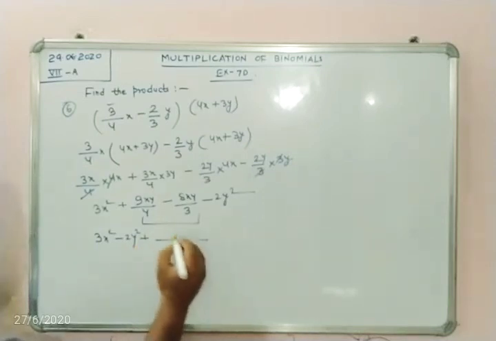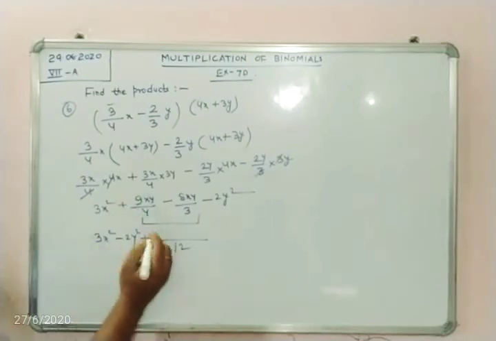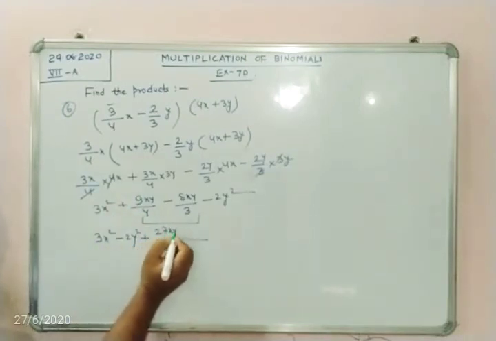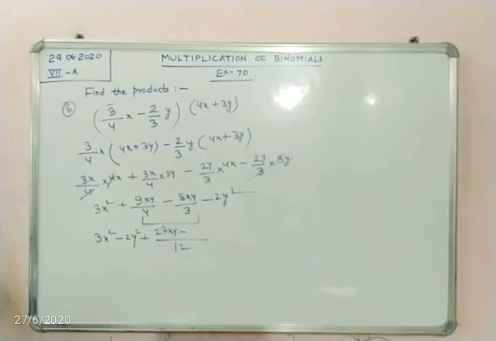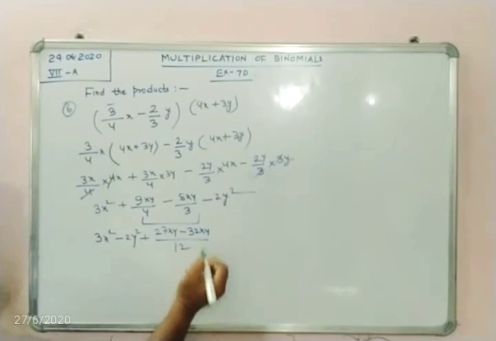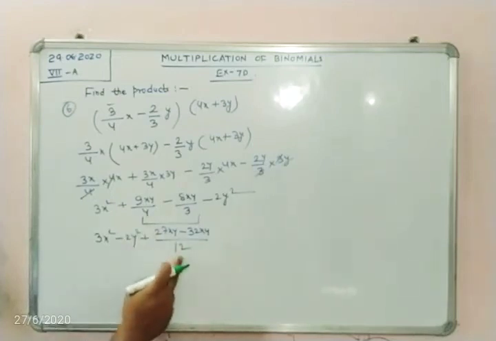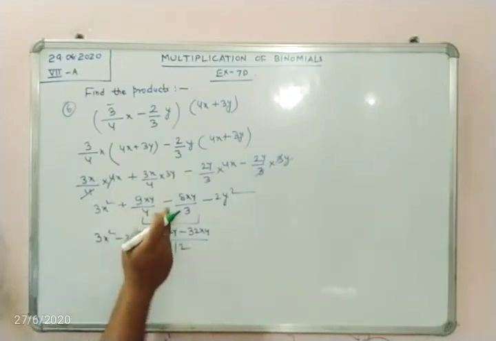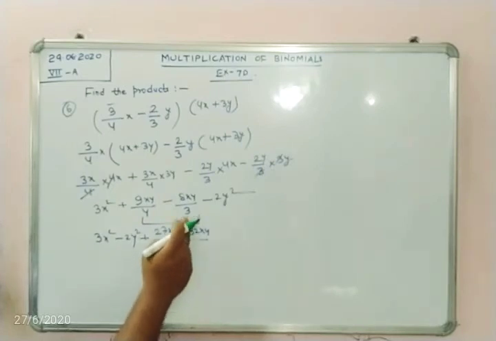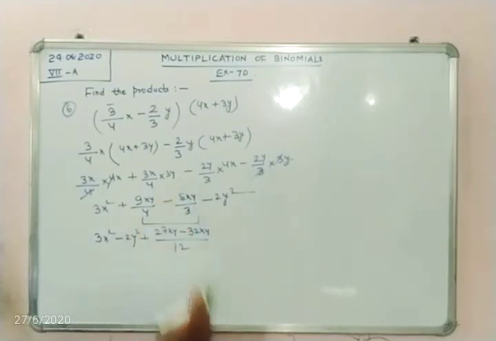So plus 4 3 LCM will be 12, 4 3 is 12, so 3 9 3 is 27xy minus 3 4 is 4 times, so 4 8 is 32xy. Did you understand? 4 3 is LCM 12. So 4 3 is 3 times, so 9 3 is 27xy minus, so minus sign given, 3 4 is 4 as a quotient, 4 will be multiplied with 8, 4 is 32xy.